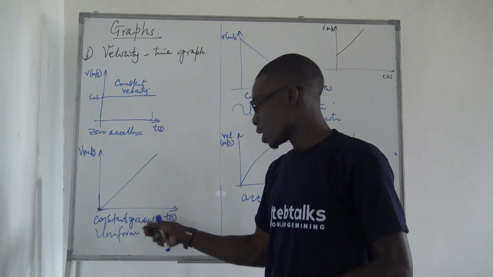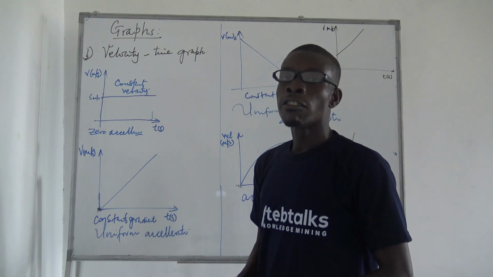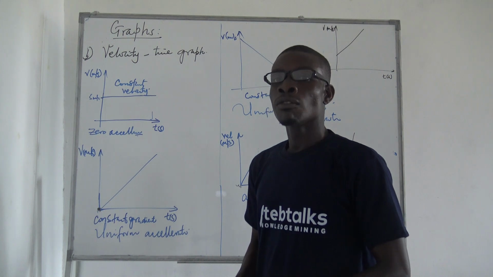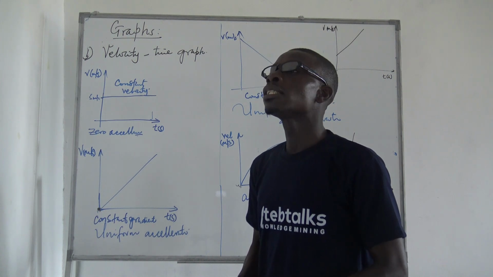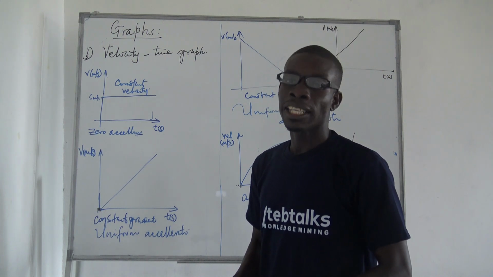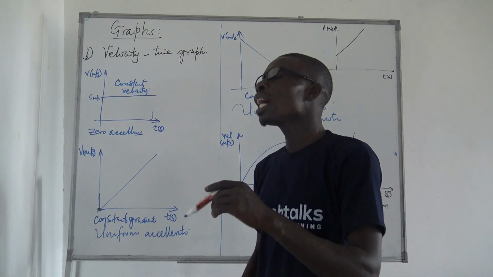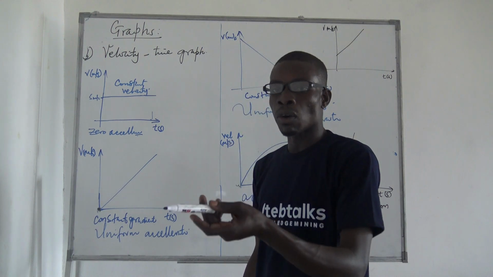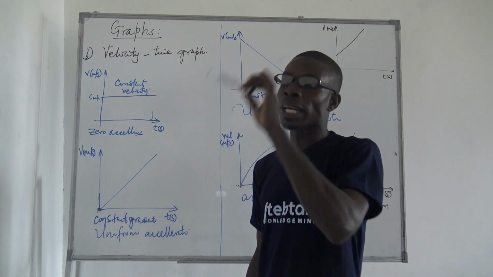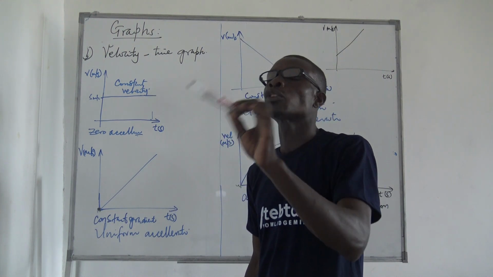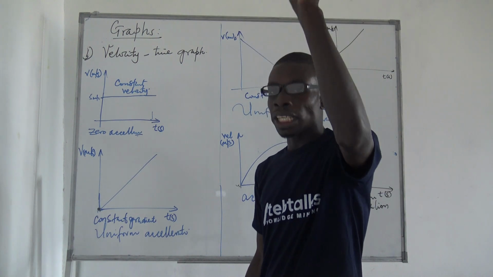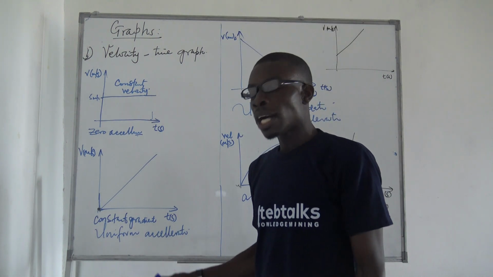It is increasing the speed uniformly. In other words, for the same time interval, the same speed is being added. If you say after every 5 seconds I will be increasing the speed by 10, another 5, I increase also by 10, another 5, I increase by 10, we say you are uniformly accelerating.